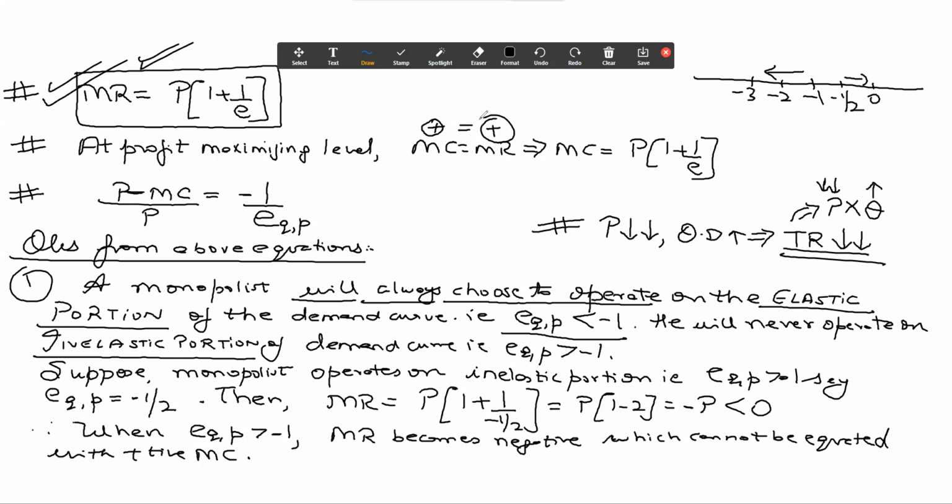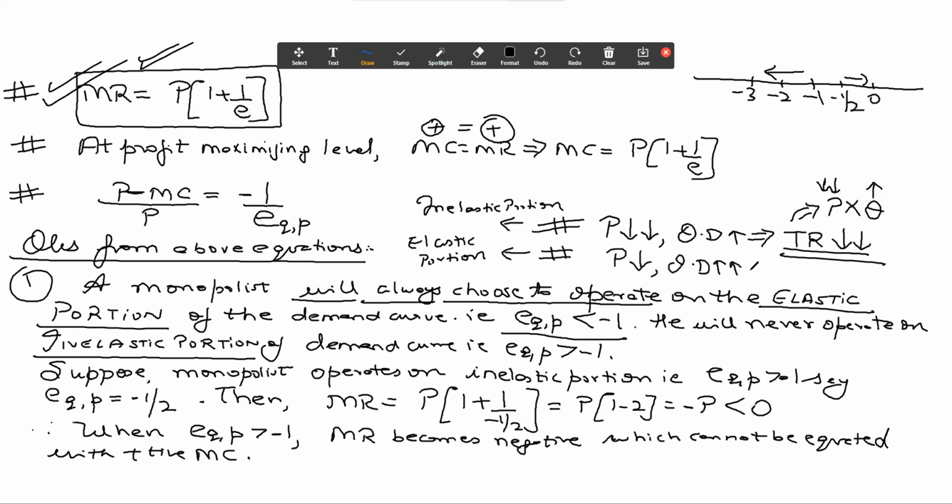And when the demand curve is elastic, what will it mean? So this was the case when you were on the inelastic portion. But when you are on the elastic portion, when price falls, since the demand is elastic, quantity will go up by a larger amount.